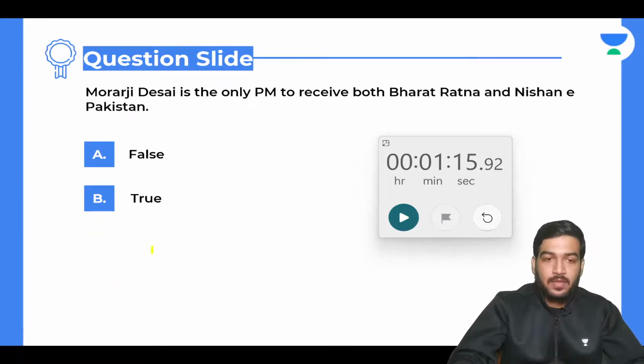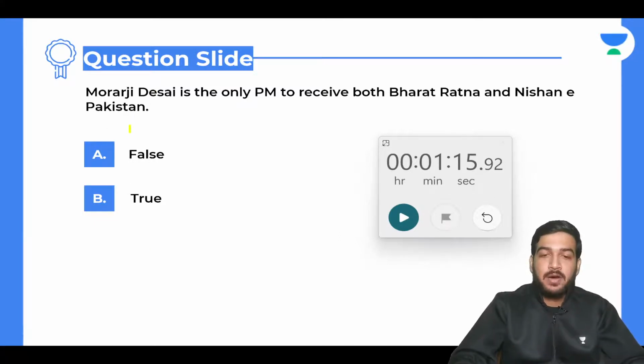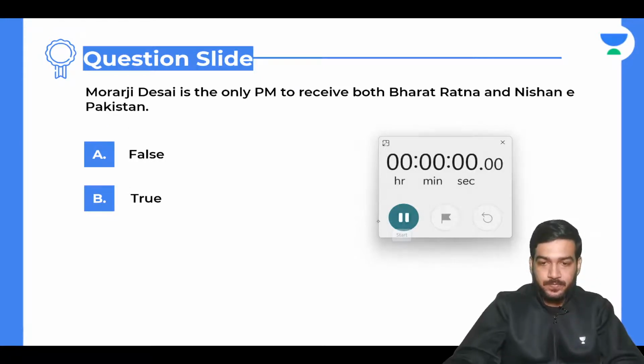Then Morarji Desai is the only prime minister to receive both Bharat Ratna and Nishane Pakistan. Is it A, false, B, true? Think about it. We have had multiple prime ministers.